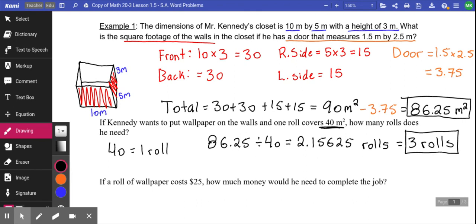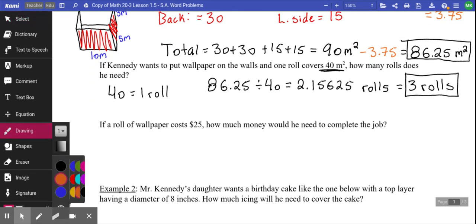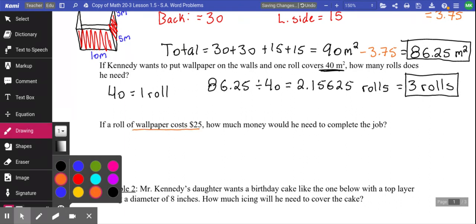For sure. So say you're doing a project, and now you go to buy the rolls and it says a roll of wallpaper costs $25. How much money would you need to complete the job? I'm looking for an amount of money here. $75. Bingo. How'd you get it?